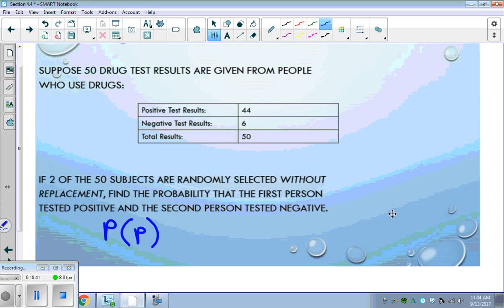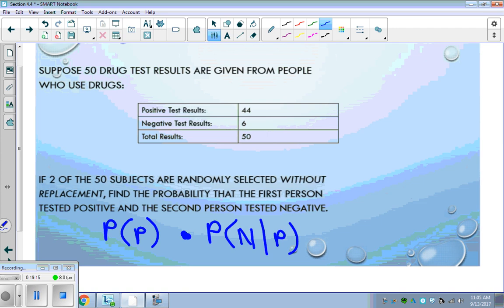Then the second person being tested negative, I have to write that with the given statement: the probability of negative given my first person was positive. That's what all that means. But to me, that intuition means more. And we know that and means I have to multiply.